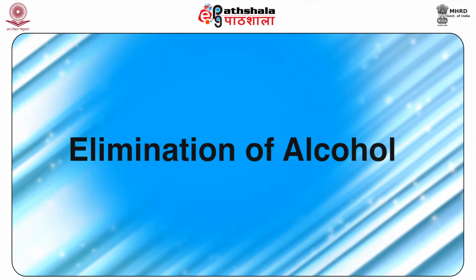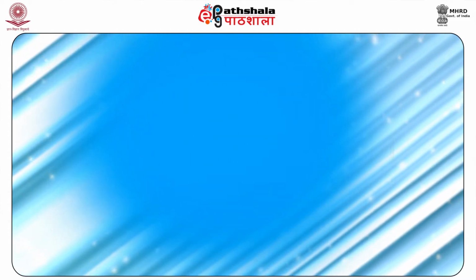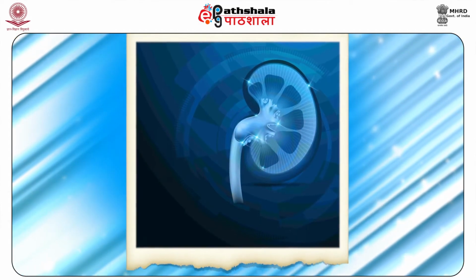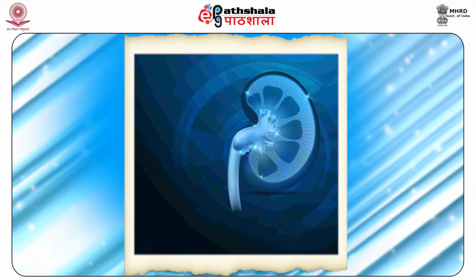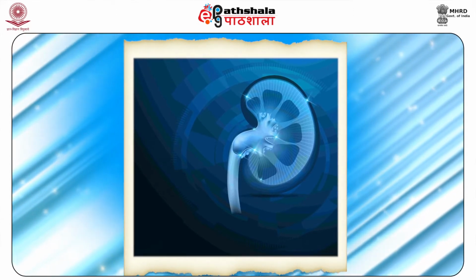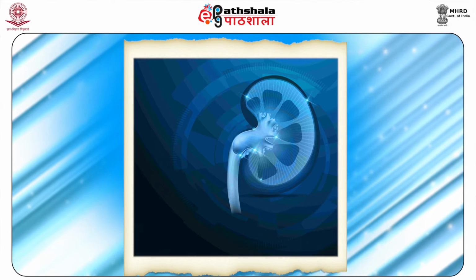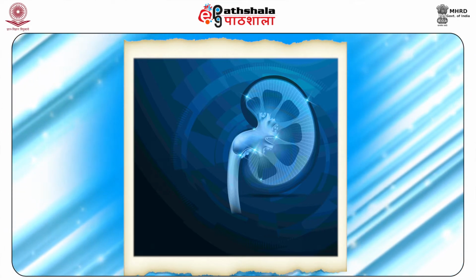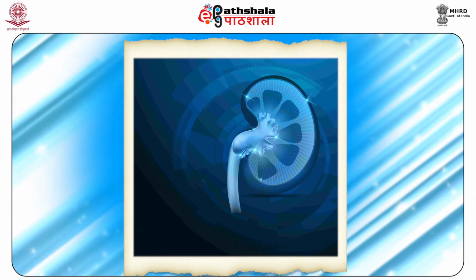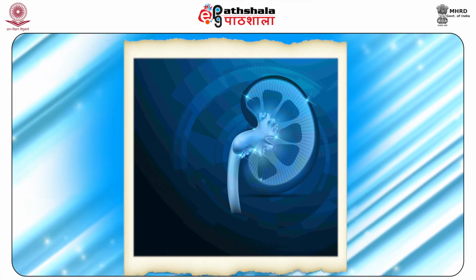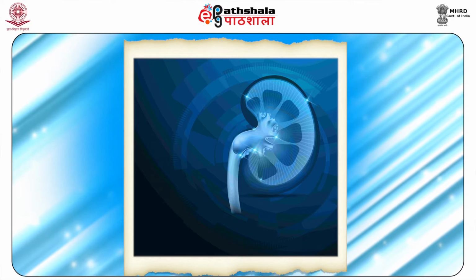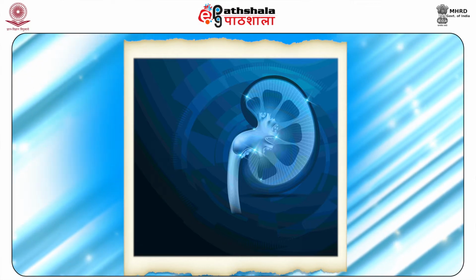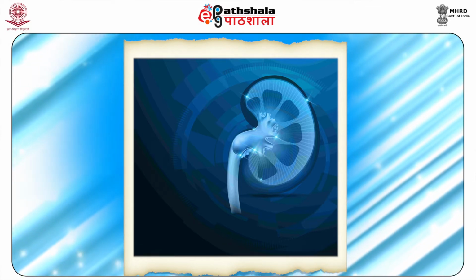Moving on to elimination of alcohol. Alcohol is eliminated out of the body through excretion. The liver metabolizes about 95% of ingested alcohol through its oxidation into acetaldehyde, then to acetic acid, and ultimately to water and carbon dioxide.